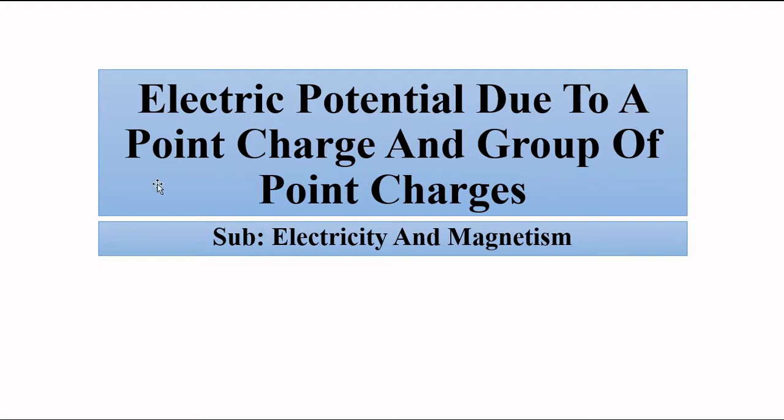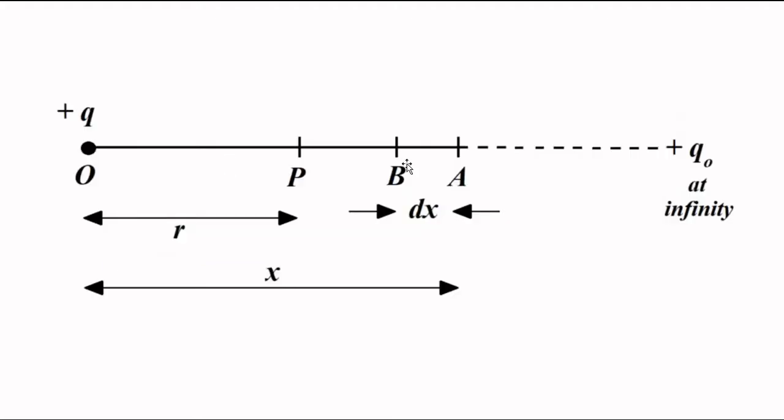So for that, let us say that here we have a charge plus Q which is located at O, which is the source charge, the source of electric field, and we have a test charge.